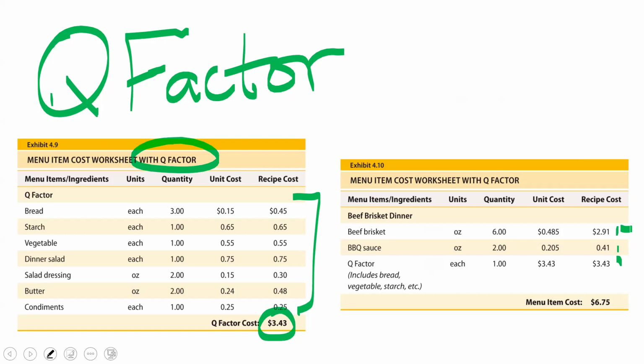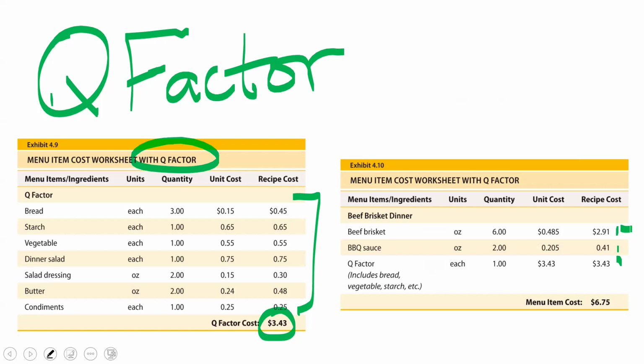But if it's the choice of 2 sides, what if everyone chooses mac and cheese? If you put in the cost of French fries and everyone's choosing mac and cheese, every single time they order that, you're losing a little bit of money. But if you put in the cost of your most expensive side, like mac and cheese, every time someone orders fries or mashed potatoes, you're making a little bit more. See how that works out?